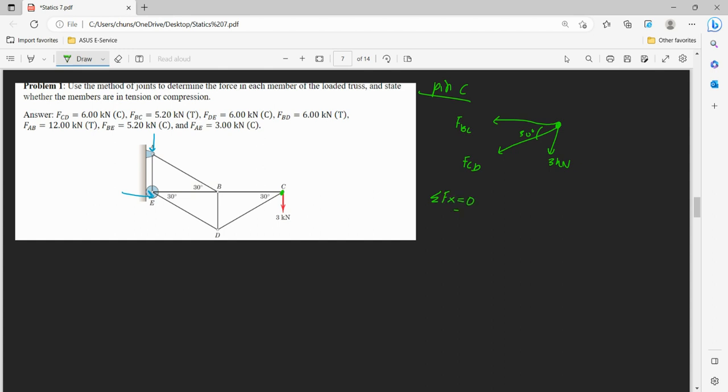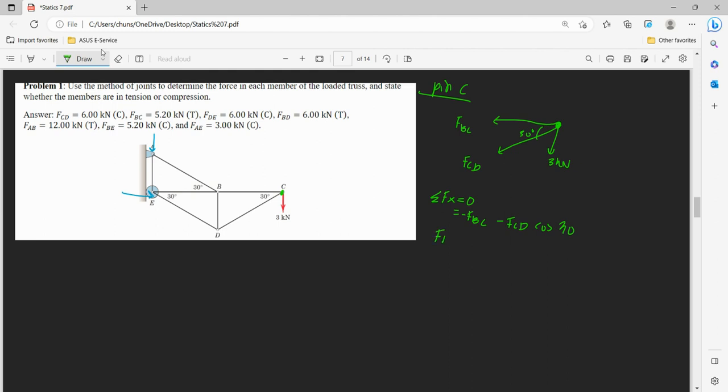So this is equal to, we have FBC in the negative direction, and FCD in the negative direction as well, and this is going to be our sine, right? No, it's going to be cos, sorry. Cos 30.